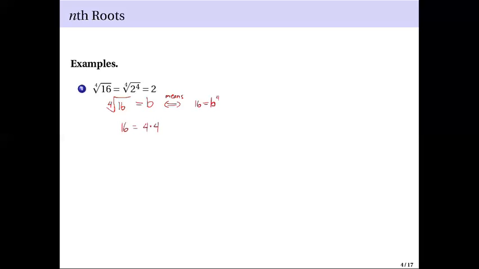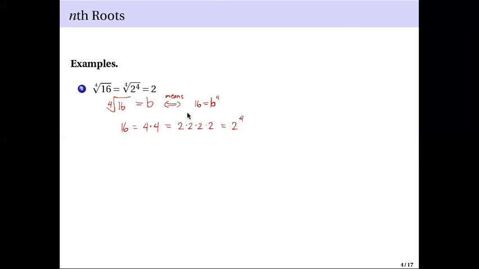And this can also be written as 2 times 2, 2 times 2 times 2 times 2. And therefore, this is equal to 2 to the 4. And that's what we see in here. So 16 is equal to 2 to the 4. So fourth root of 16 equals fourth root of 2 to the 4.